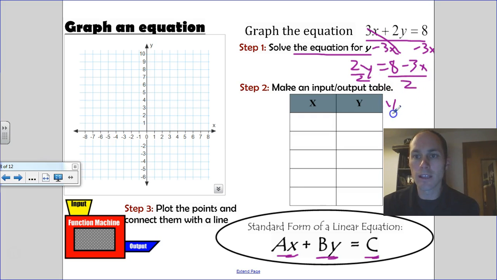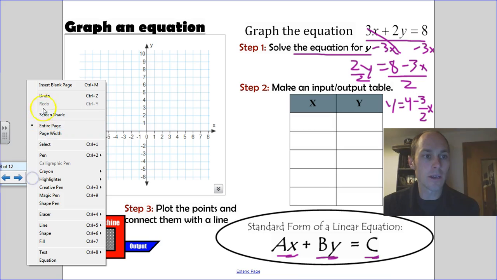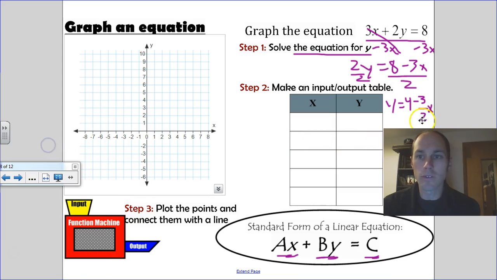That would give us y = 4 - (3/2)x. So that would be our equation. I'm just going to move it over here.